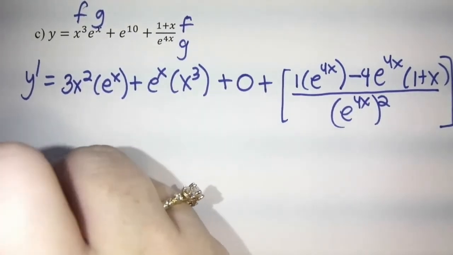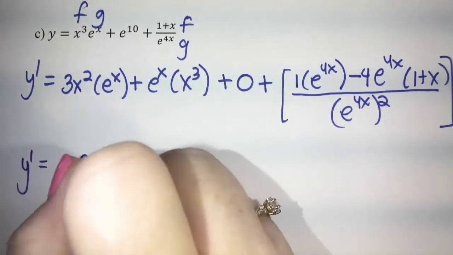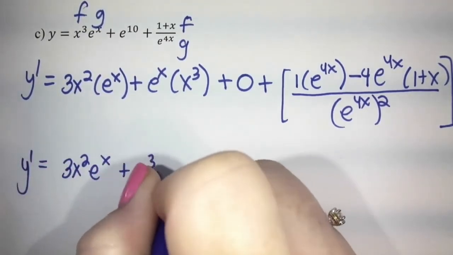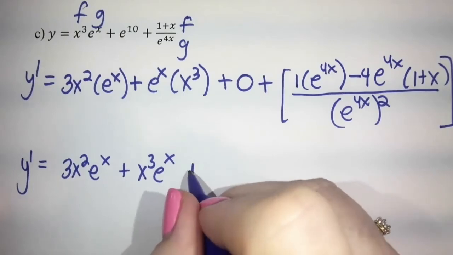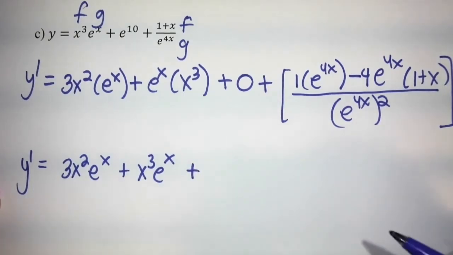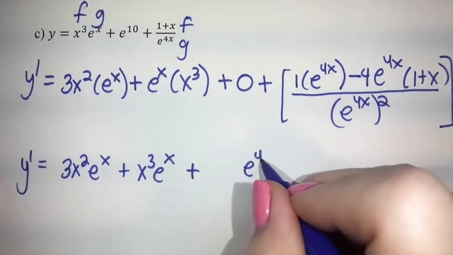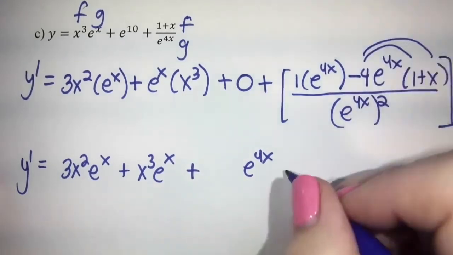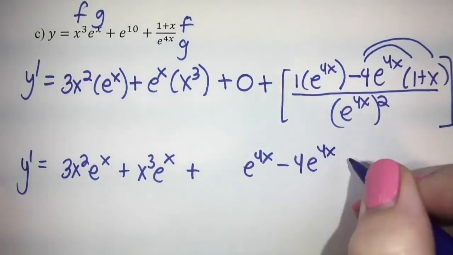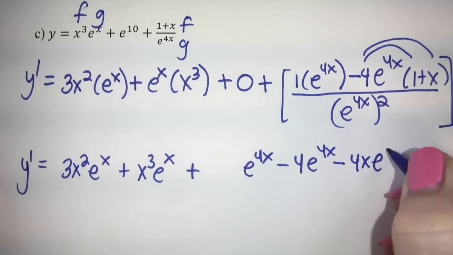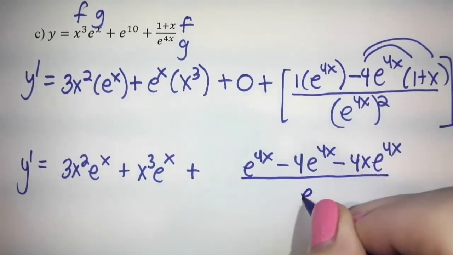So we've got 3x squared e to the x plus x cubed e to the x, plus, so here we've got e to the 4x, and if we multiply this out, we have minus 4 e to the 4x, minus 4x e to the 4x, all over e to the 8x.